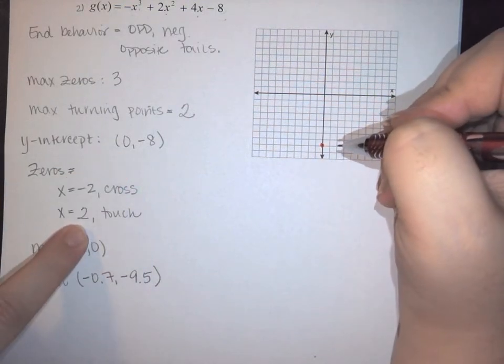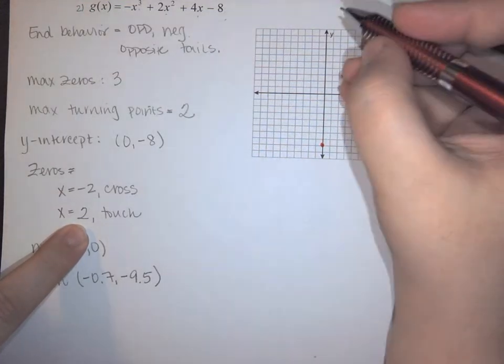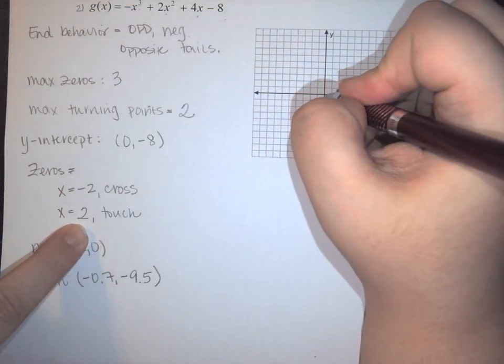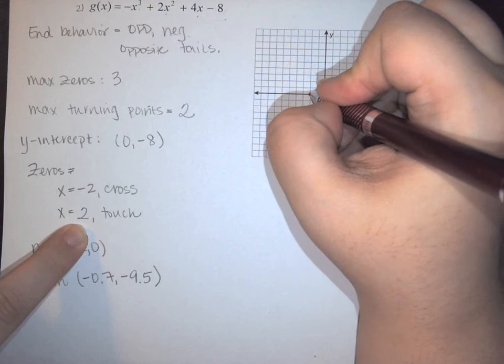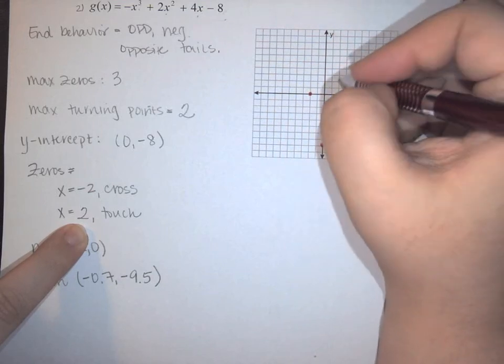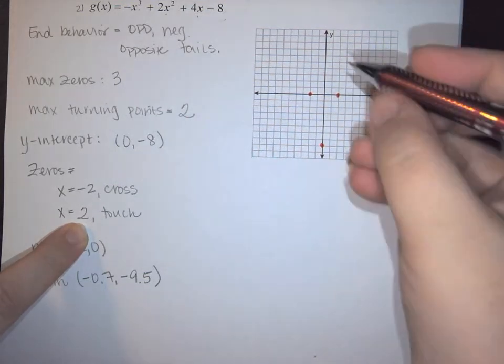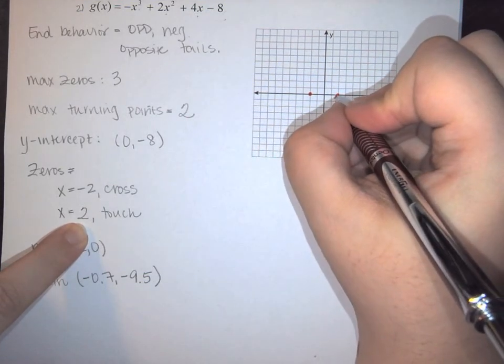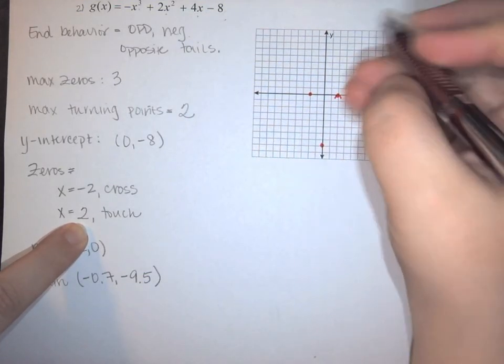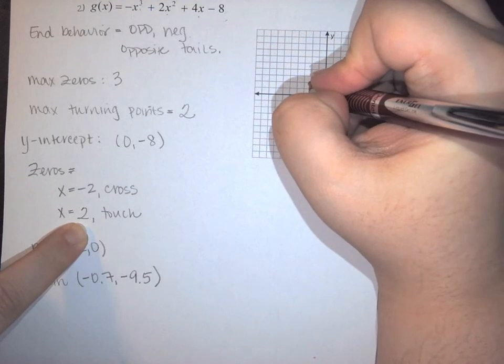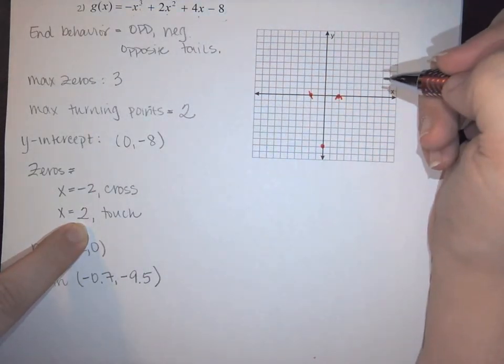And then I have at 0, negative 2, or negative 2, 0. So 1, 2. And then I have at the point 2, 0. So 1, 2. Now, one thing that I know about it is that this one is touching, and this one is crossing.